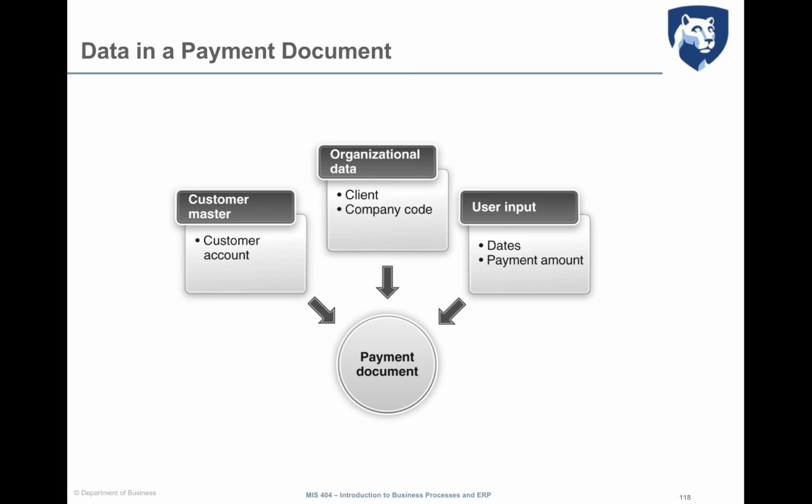The payment document needs to retain and include all the data that refer to the customer master and the organizational data, so to which organization, to which client and company code the payment refers, and of course the dates and the payment amount which was expected by the company.